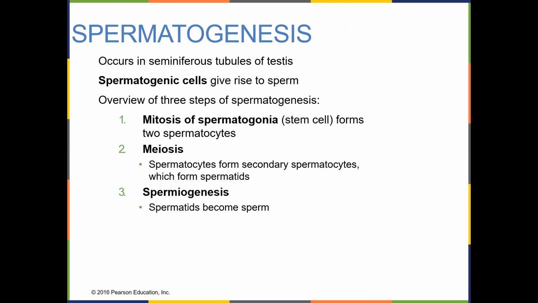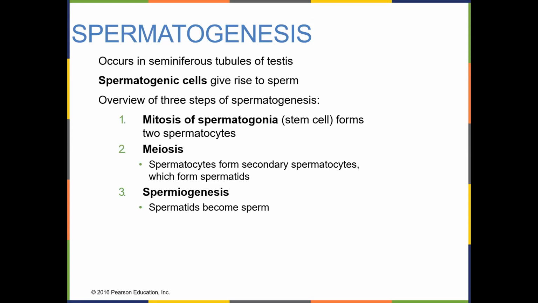So spermatogenesis takes place in the seminiferous tubules. The first thing that happens here in the seminiferous tubule is that spermatogonia, the stem cells, will undergo mitosis, and then they can develop into other cells. So we have stem cells lining the inside layer of the seminiferous tubule.